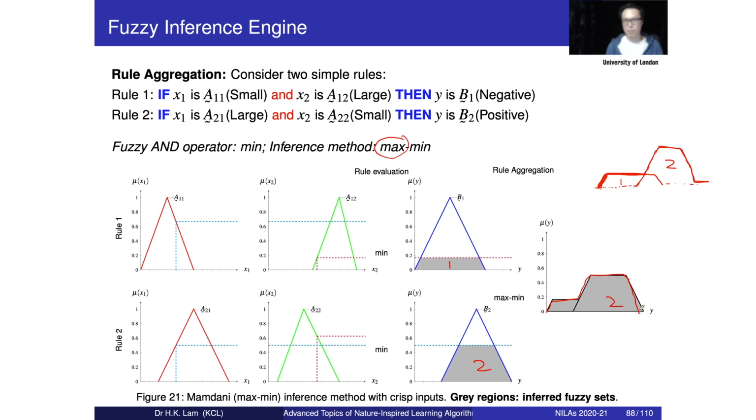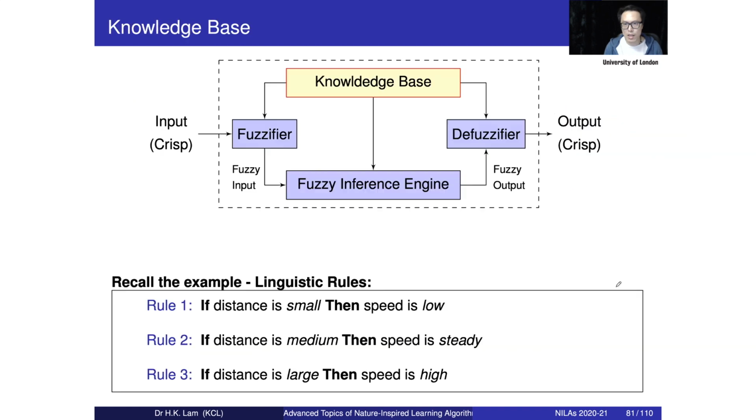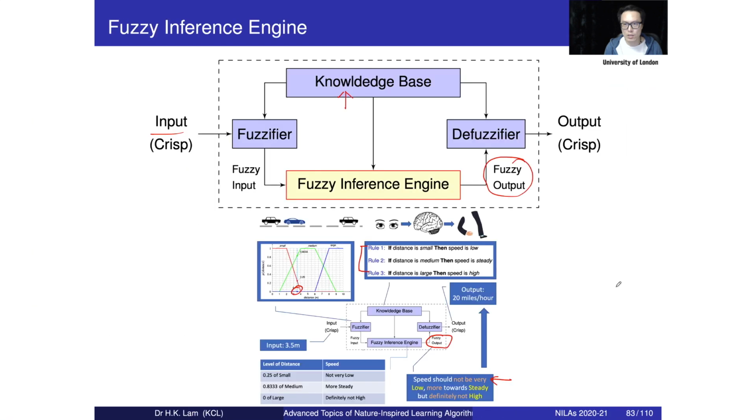That would be the aggregated output. That is the aggregated output membership function. That is this shape. When I say the aggregated membership function output, that is the one right here. So if we follow that fuzzy inference method, we will come up with the output membership function like this. That is the gray area.